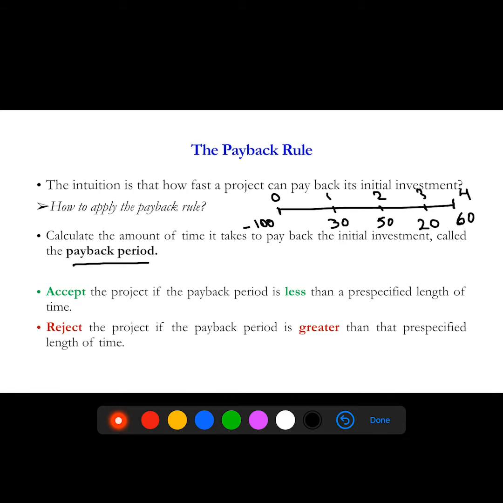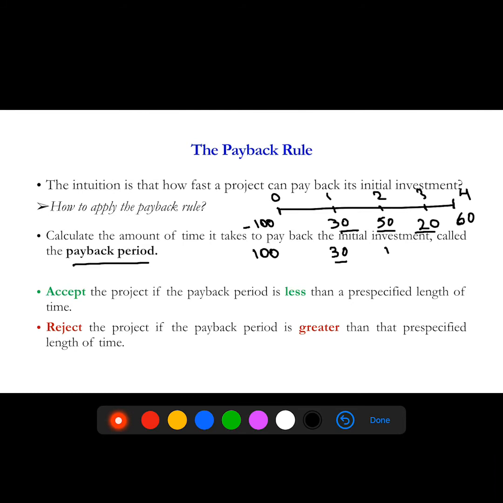So for the payback rule, we have to add up these cash flows to see when they will be equal to our initial investment. Our initial investment was 100, so I'm going to add these cash flows until they become equal to 100. So our payback period is not 1 year, because in the first year we are only getting $30 million.